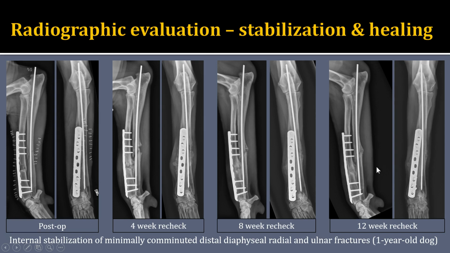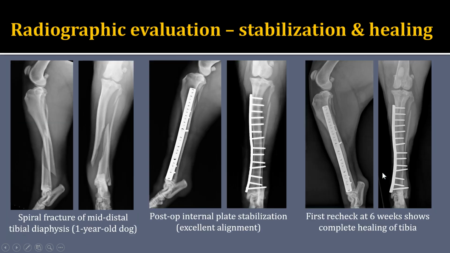We still see the fracture lines, but it seems that there is circumferential bridging callus, so we're looking for complete bridging callus when we assess for healing. And although we can faintly see the radiolucent line of the fracture in the radius and the ulna, with that complete circumferential callus formation and this patient doing well and the fractures feeling stable, they did not take any more radiographs and considered this healed.